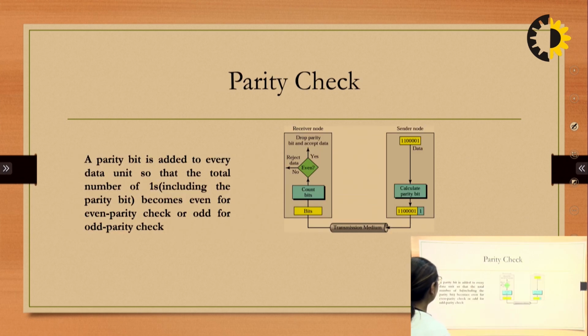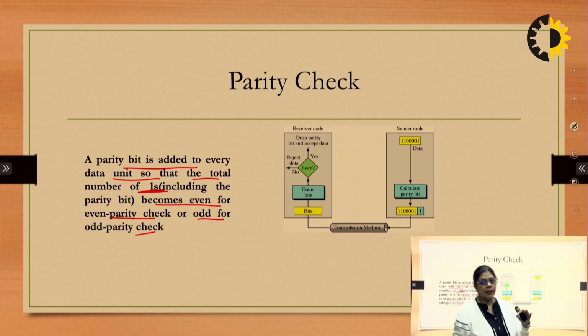Now let's start with the parity check. A parity bit is added to every data unit so that the total number of ones becomes even for the even parity check, or odd for the odd parity check.